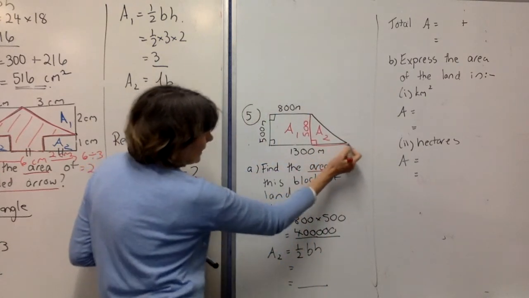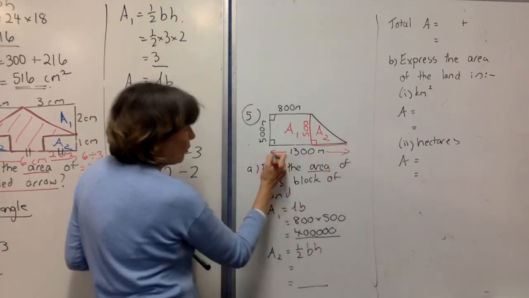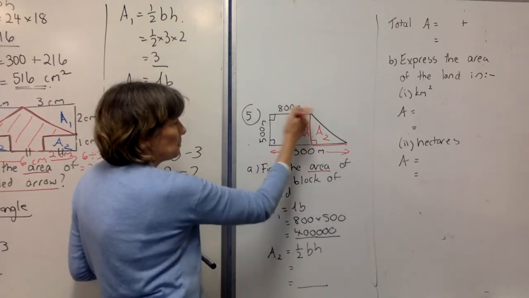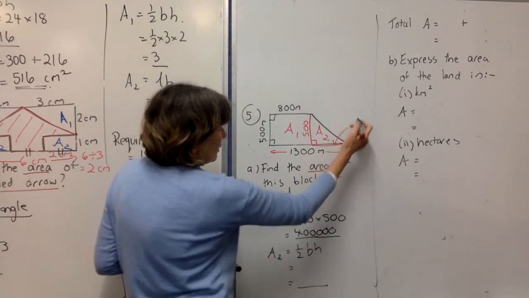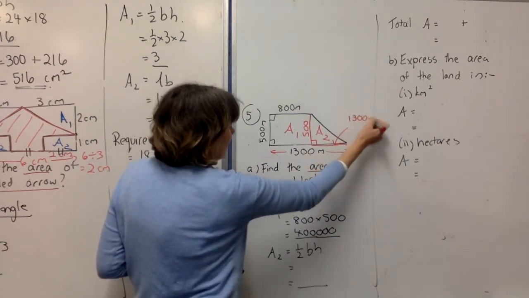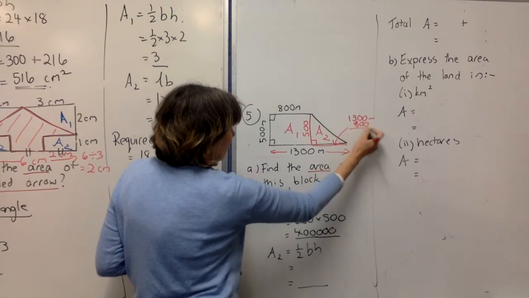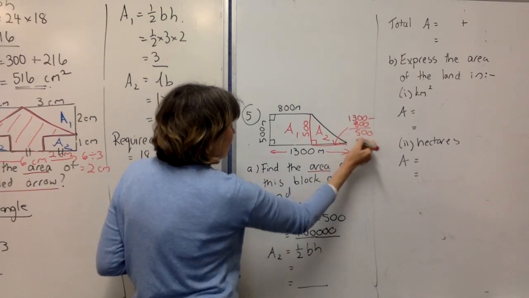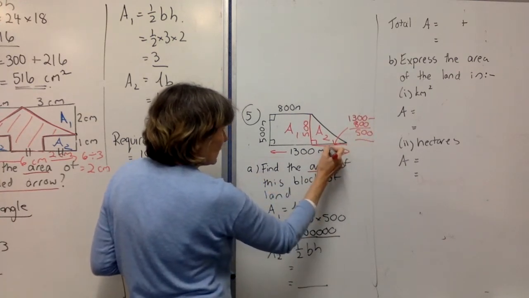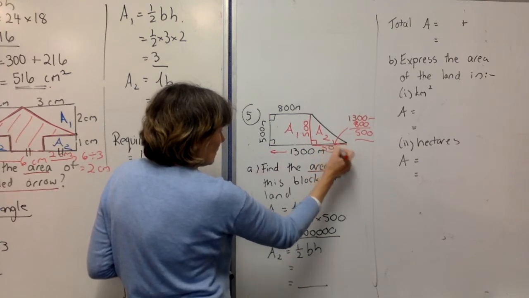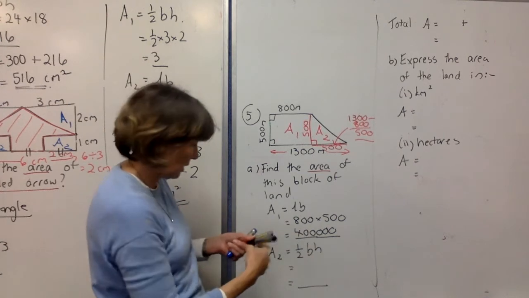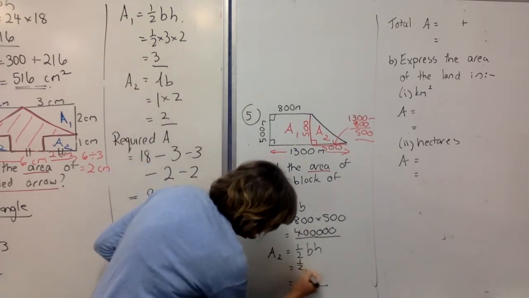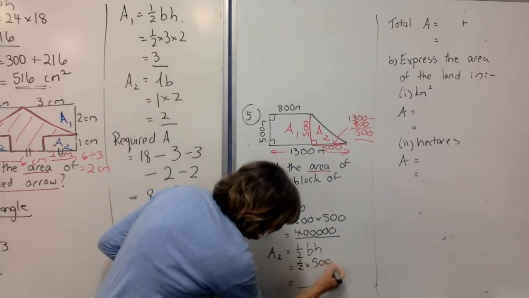And this piece here, remember this is all 1300, and this bit from here to here is 800. So we're going to do 1300 minus 800, and that will leave you with 500 for that side. Let's write it in. So both of those sides for the triangle, the base and the perpendicular height, are both 500. So let's write that in.